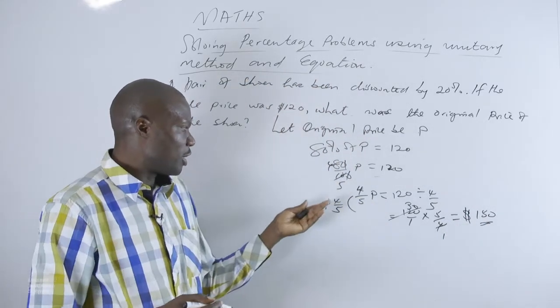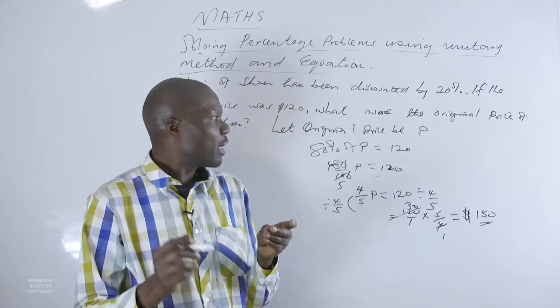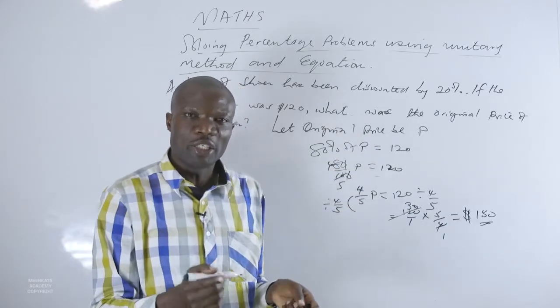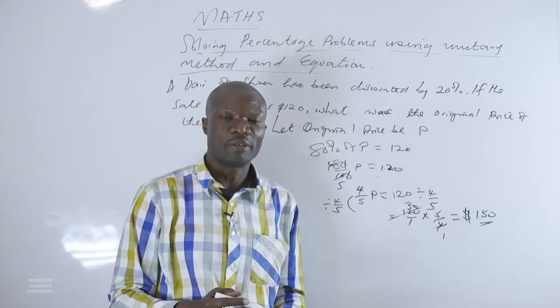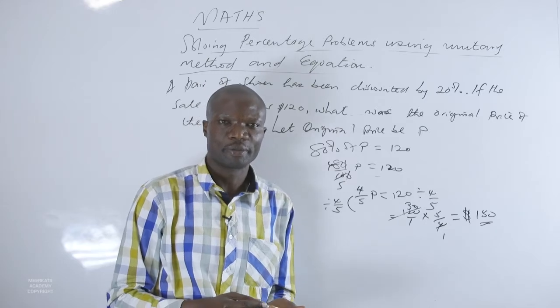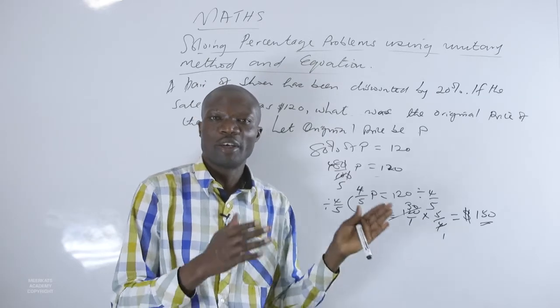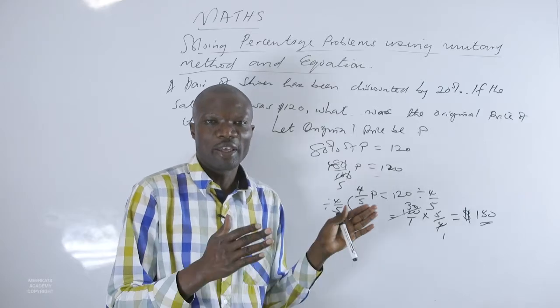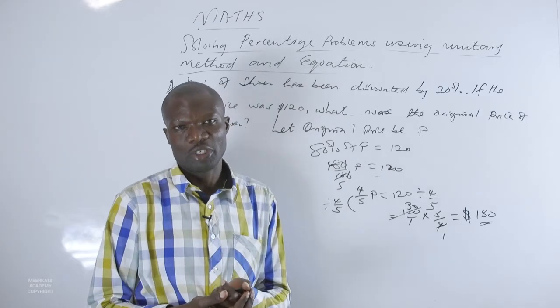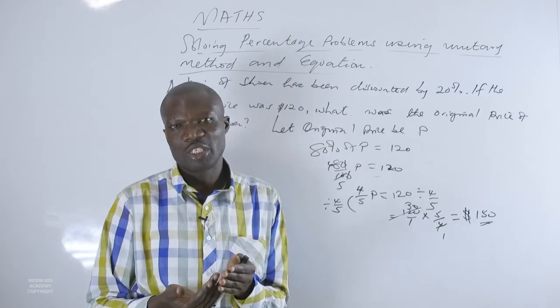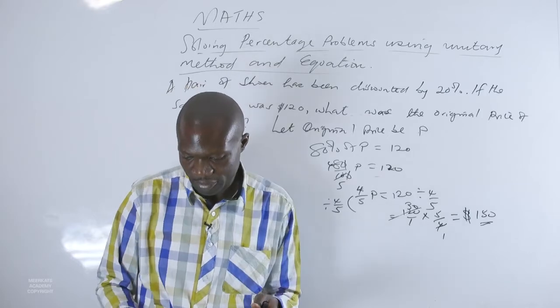So P is what we were solving for. P represents the original price. P is $150. Are you there? So that is how we approach this question using what we call the equation approach. The first method was using the unitary method.